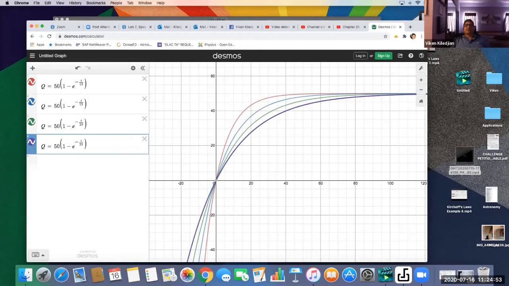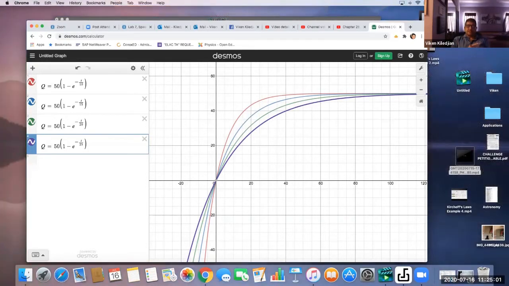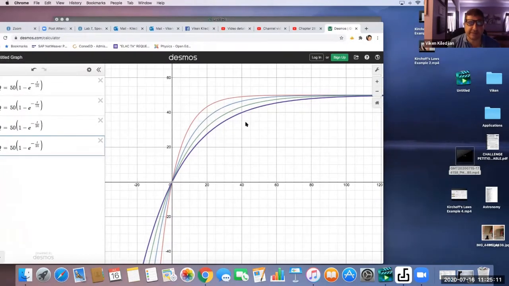So how does the RC circuit charging change if I keep the voltage of the battery the same, the capacitance the same, but just increase the resistance of the circuit? You see? So this is the highest resistance. What has happened here? You see, the red one is the lowest resistance.